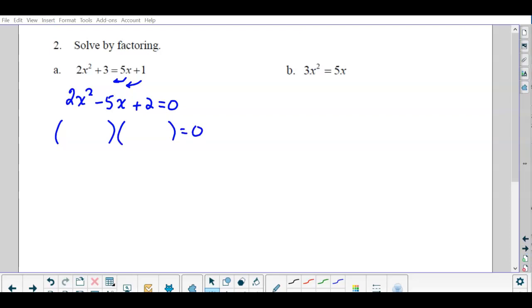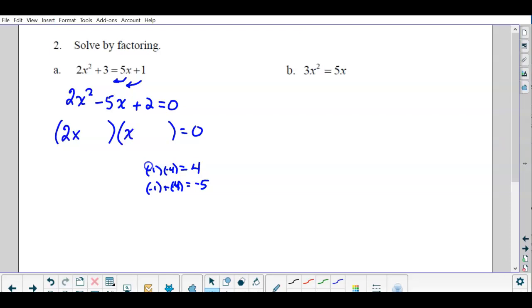So it's a non-simple trinomial. I want two numbers that multiply to 4 and add to negative 5. Always when it's 1 away, it's going to be 1 and itself, both negative in this case. But those are not the values that go in there. I set up my first terms.